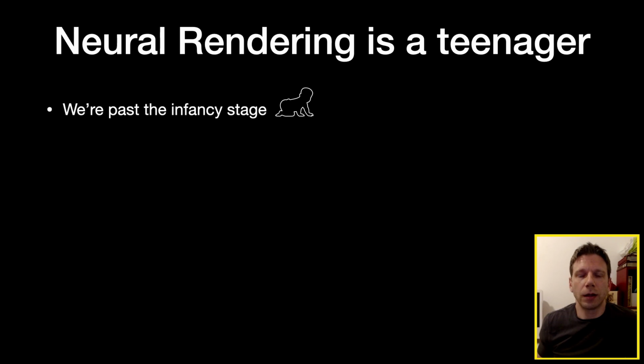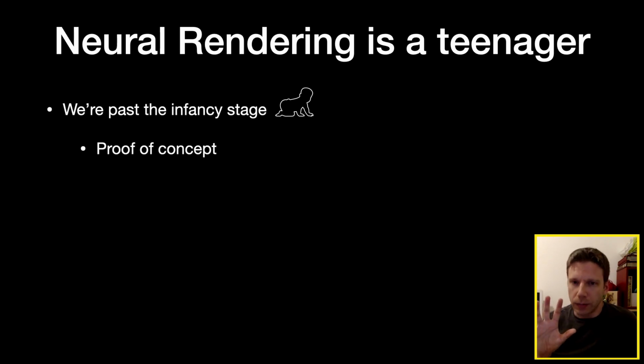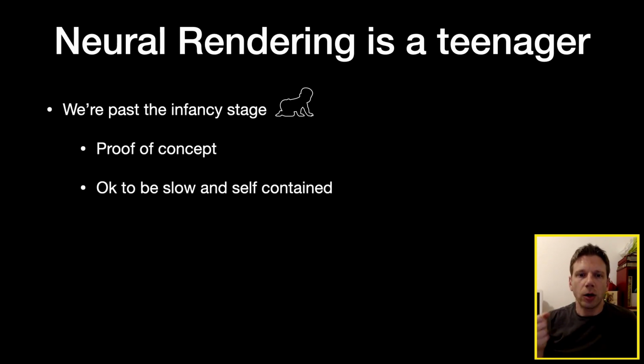I mean that we are well past the infancy stage. That stage is where we created awesome research that was groundbreaking and taught us a lot, but it was far from being practical. We're talking extremely slow, extremely specific systems that really cannot coexist with other rendering pipelines.